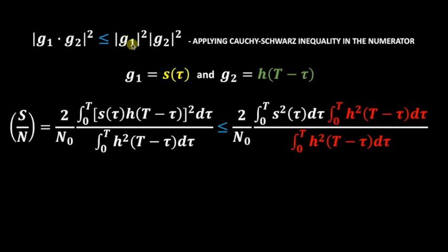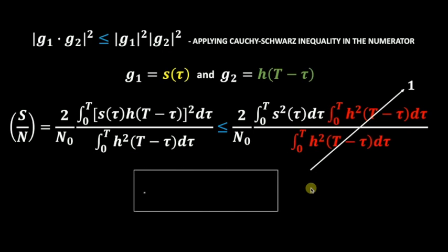Therefore, the magnitude square of G1 is simply the integral from 0 to t of s square tau d tau, and the magnitude square of G2 is simply the integral from 0 to t of h squared t minus tau d tau. As you can see, based on our expansion, there are terms that are now equivalent to each other. The denominator and some term in our numerator are now equivalent, so we can just rewrite this one in this way.